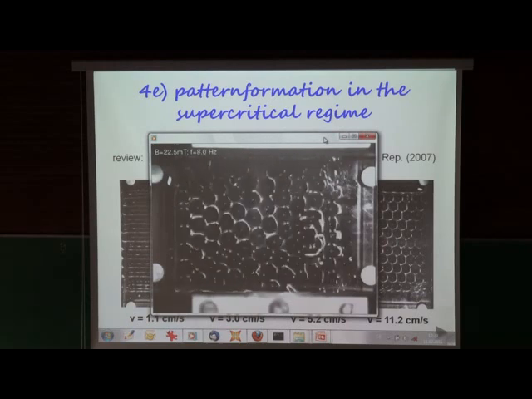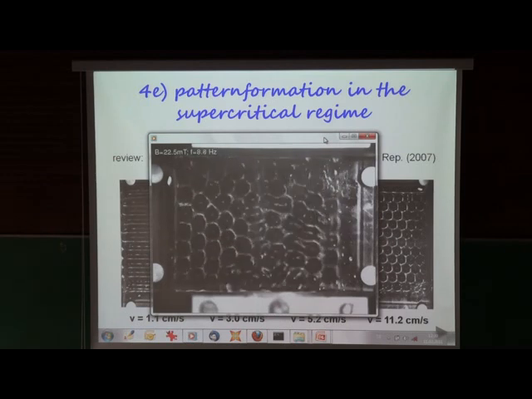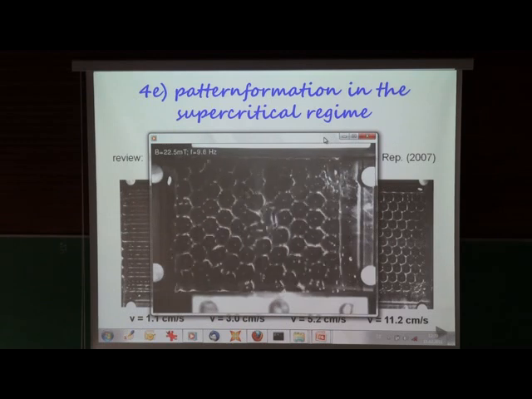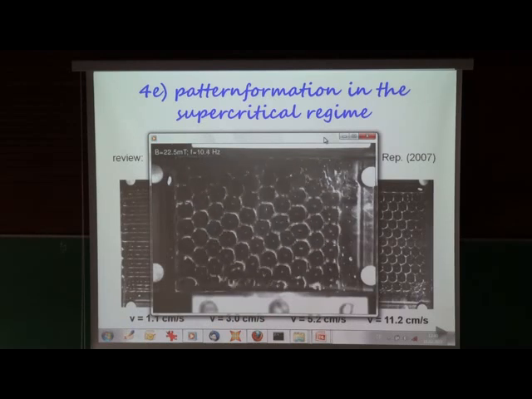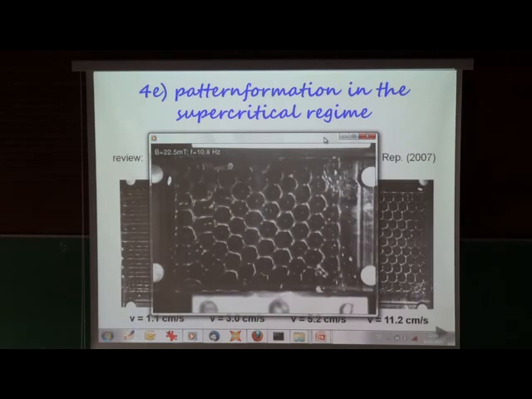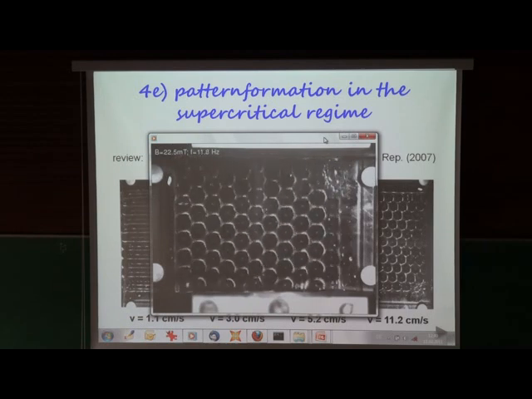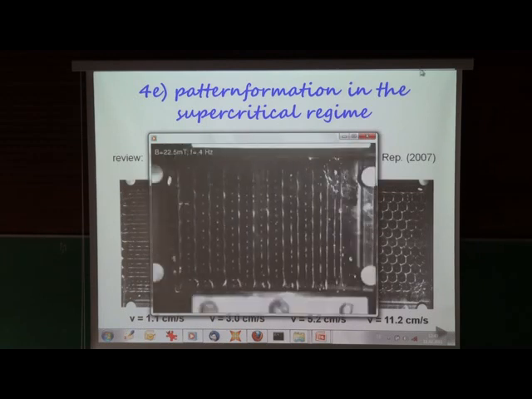Once in a while you get a square regime, and eventually you end up with a hexagonal regime. At very fast driving frequencies, you have again a hexagonal pattern. So that's it.